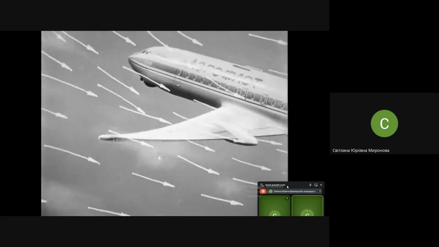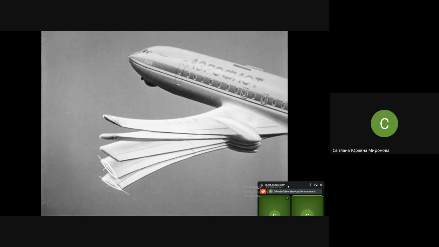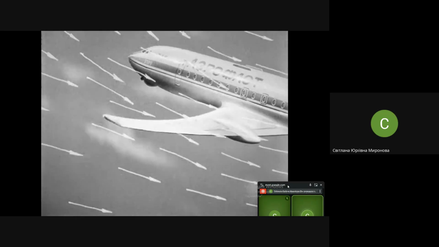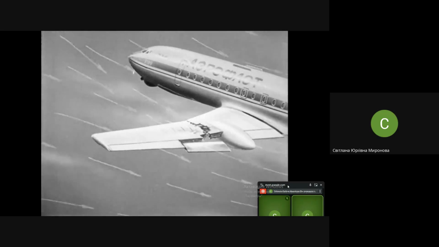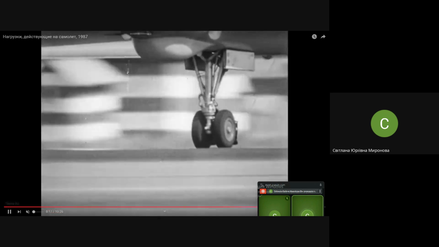Nothing new for you after you have seen those dreadful NASA videos, of course. And here is an explanation of what flutter looks like, how it appears, how it continues, and what it may be finished with.